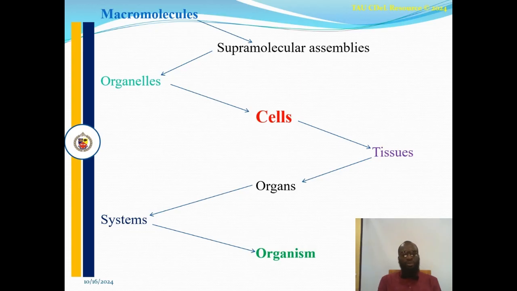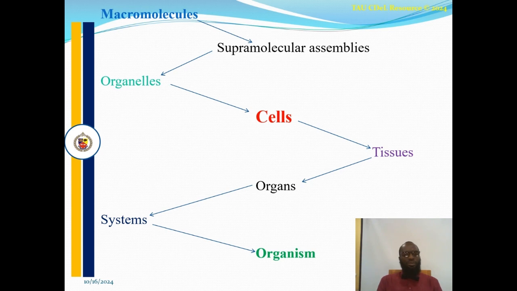We have small compounds and we have large compounds. The large compounds are called the macromolecules. The large compounds that are found in the body are called macromolecules. These macromolecules assemble together to form supramolecular assemblies. An example of supramolecular assembly is our membrane.